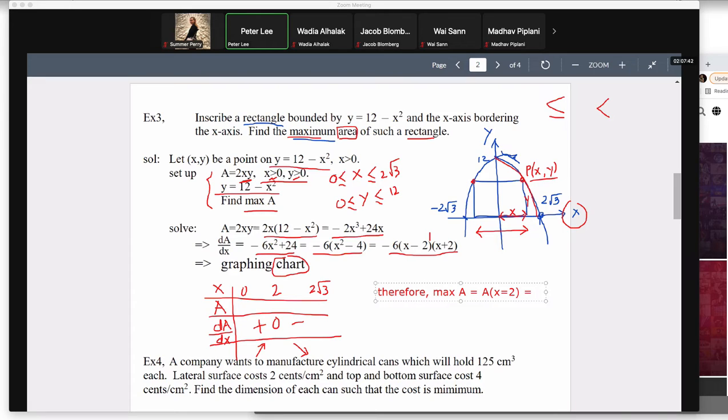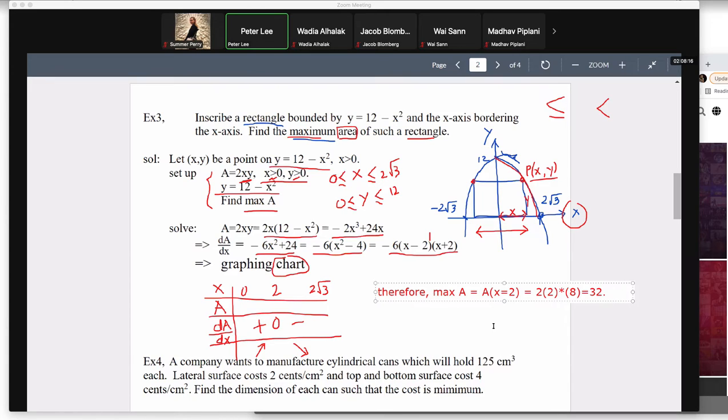The area will be 2 times 2, and then times, plug in 2 there, 2 squared is 4, so 12 minus 4 is 8. So it looks like that will be 32. 32 units. It looks like there's no unit here, so that 32 will be fine.